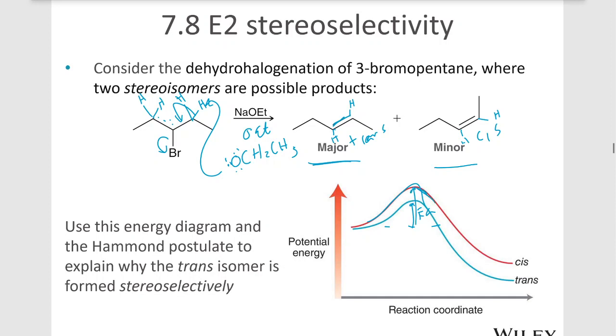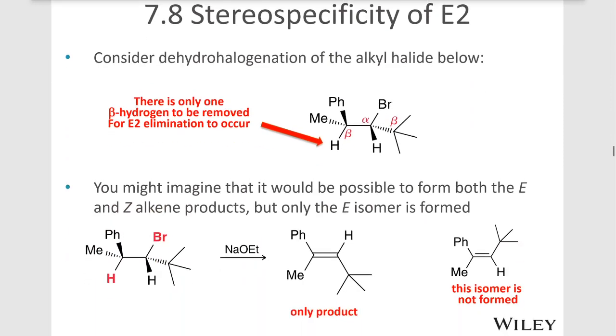Okay, it's going to be higher for cis, and that's because we have this repulsion between these groups. These large groups are going to repel each other, and they take up a lot of space, and therefore forming the trans product is going to be favorable.